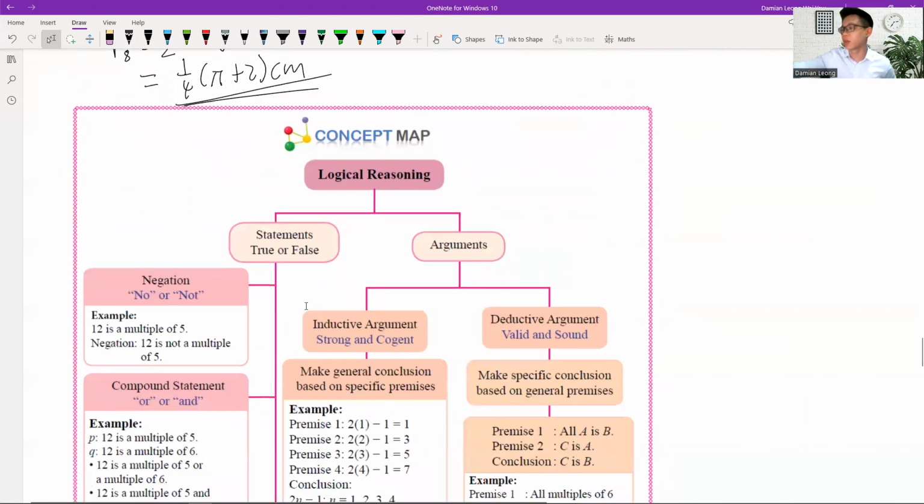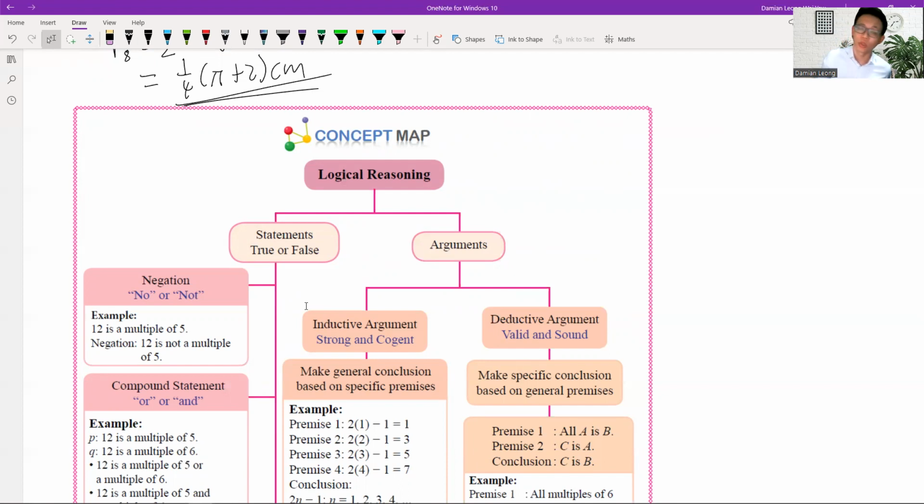Is it leading to the correct conclusion? If it is, then it's strong. If it's not, then it's weak. And if it's weak, definitely it's not cogent, because a weak argument means your conclusion should not be correct. It will already lead to a wrong conclusion. So definitely it's not cogent.